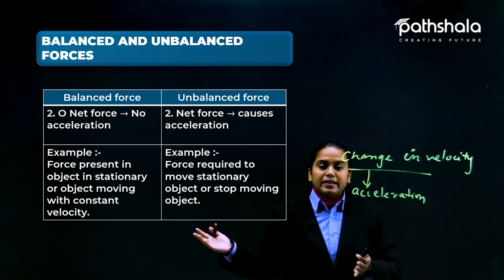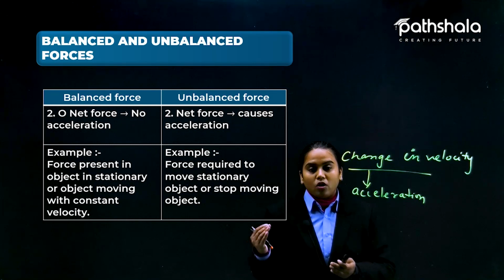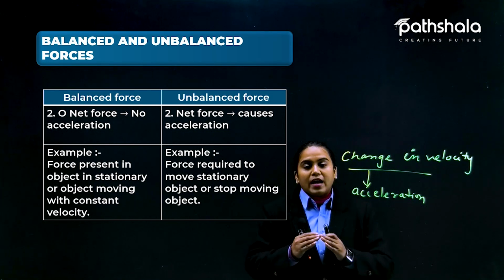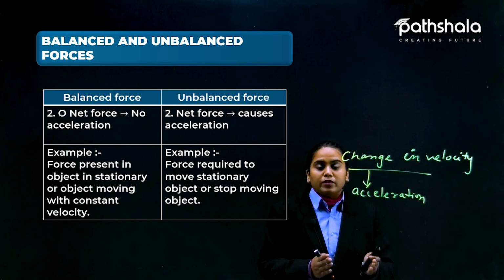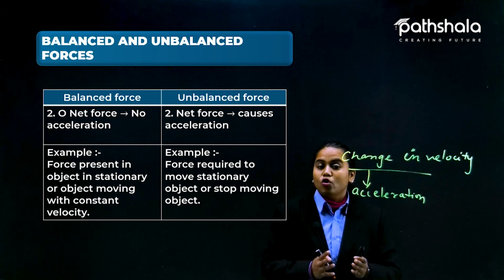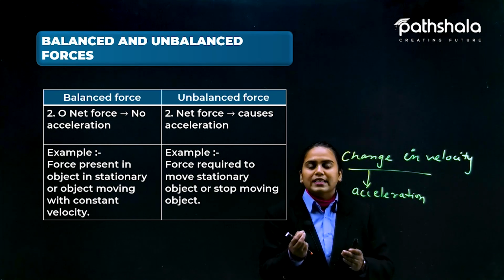This is the difference between balanced and unbalanced. So keep in mind, dear all, that in balanced force the net force is 0. But in case of unbalanced force, the net force is not 0, and that causes acceleration.